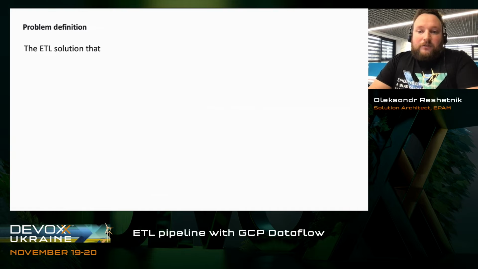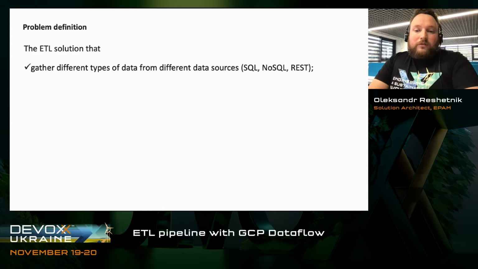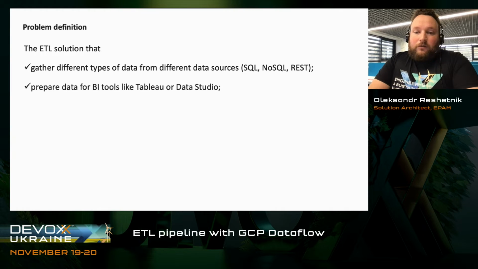In general, after the discovery, the problem was defined in such a way. We need to build the extract, transform, load solution that gathers different types of data from different data sources like SQL, NoSQL, databases, REST, and other data sources. Prepare data for business intelligence tools like Tableau or Data Studio or Looker.